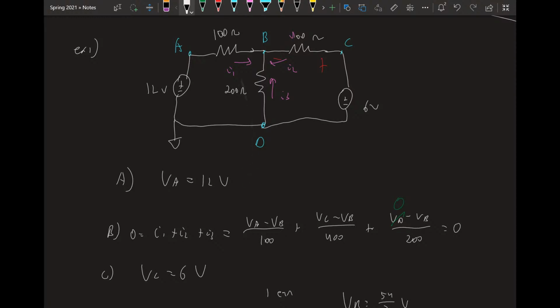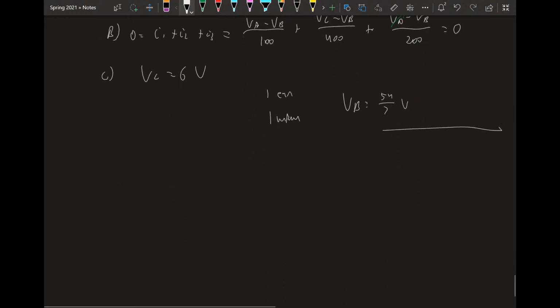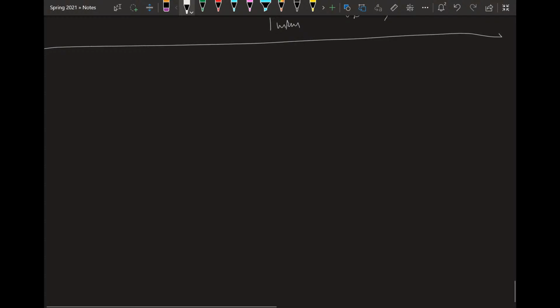Let's move on to something more difficult. Let's say you have a circuit that looks like this.